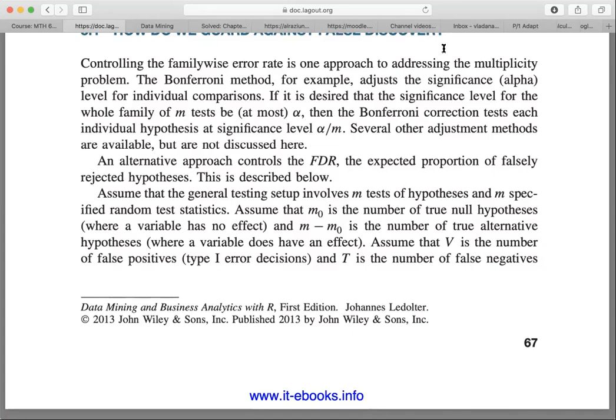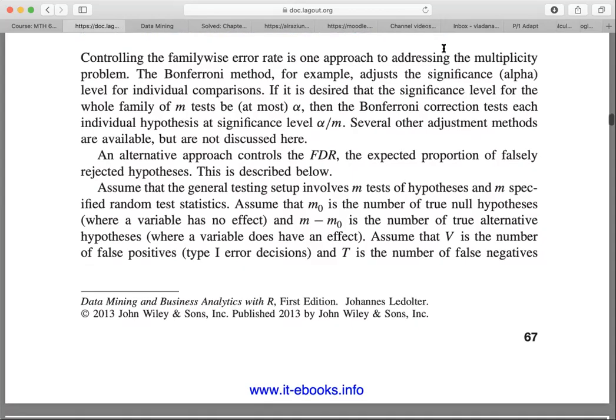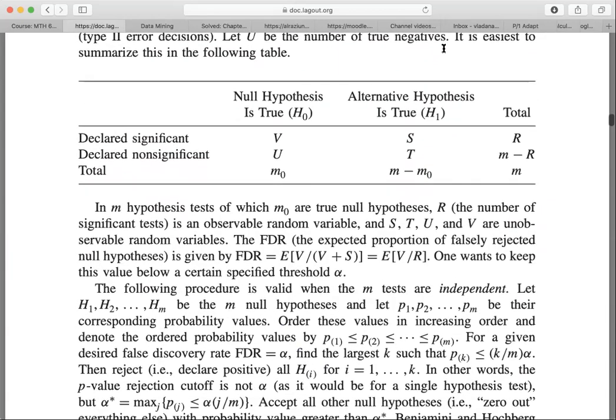We let H1, H2 through HM be the M null hypotheses. We let P1, P2 through PM be the corresponding probability values. For a given FDR equals alpha, we find the largest K such that P of K is less than or equal to K over M times alpha. This becomes the rejection cutoff.